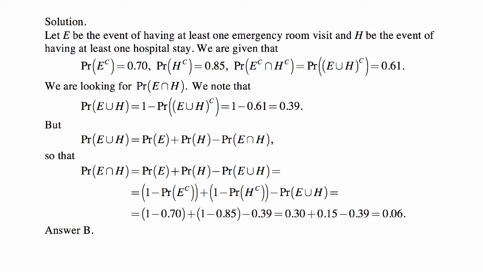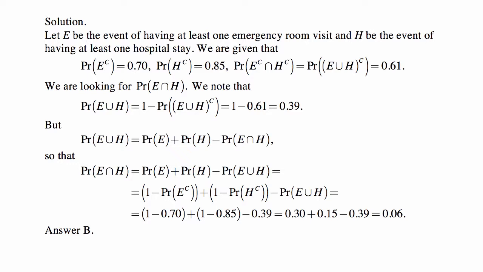We are given the probability that H complement, so no hospital stay, is 0.85. And the probability of no emergency room visits and no hospital stays, which is the same as probability of having neither of the two, is 0.61. We are looking for probability of intersection of E and H, so having an emergency room visit and a hospital stay.